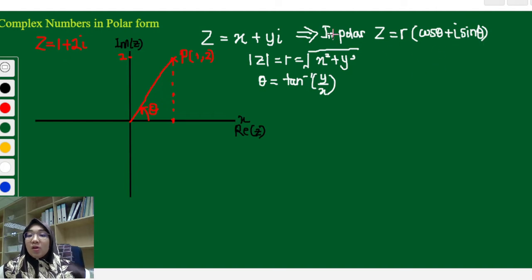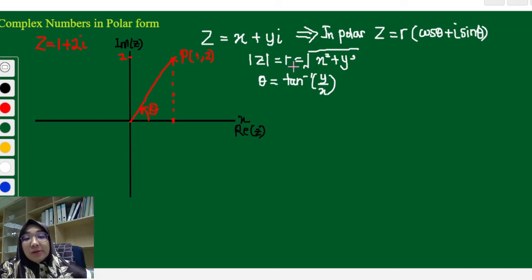So bila kita tengok dalam polar coordinate, of course lah kita akan tengok the trigonometric form. Trigonometric form maksudnya cosine and sine. Alright. Okay, kita tengok example yang pertama, z equal to 1 plus 2i.